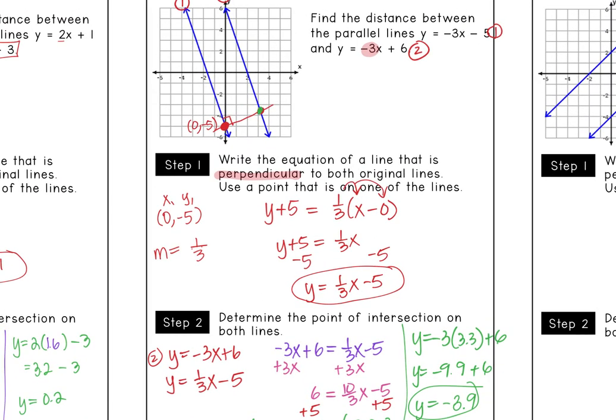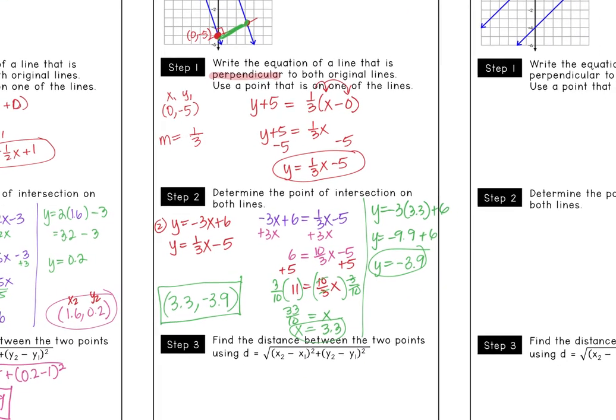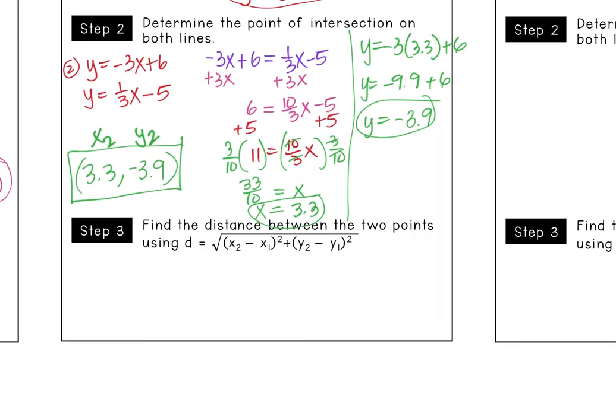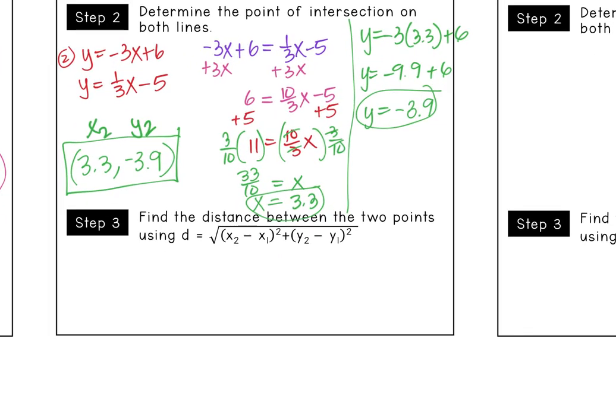But now what we're going to do is find that distance in between them. So if this is my x1, y1, and our new point is our x2, y2, we're going to plug that into our distance formula and see what we get.